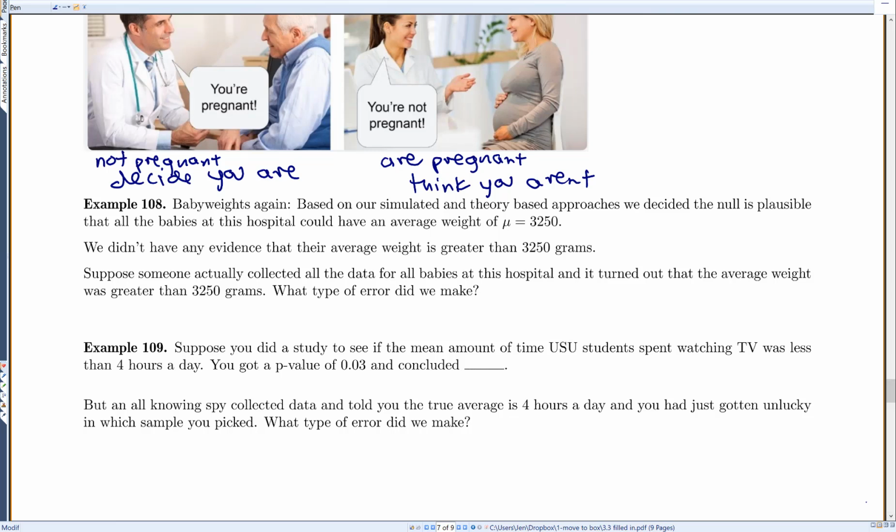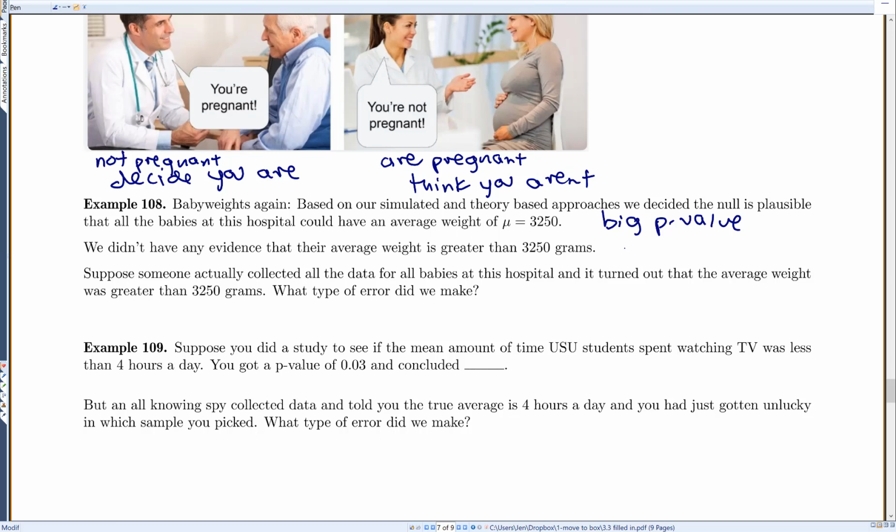Okay, let's try a few other examples. So baby weights, back to our example of the baby weights we spent so much time on. Based on our simulated and theory-based approaches, we decided the null is plausible, that all the babies in the hospital could have an average weight of 3250. Remember, we had a big p-value. So in other words, we didn't have any evidence that their average weight is greater than 3250. But now suppose someone actually collected all the data for all the babies at this hospital, and it turned out that the average weight actually was greater than 3250.